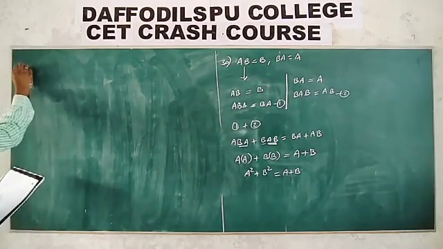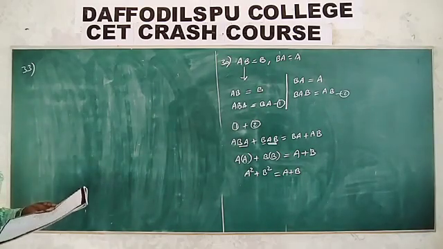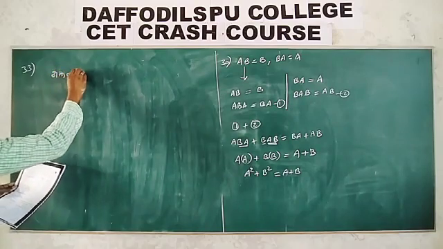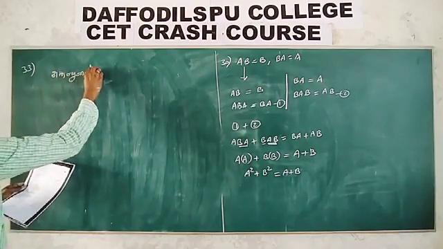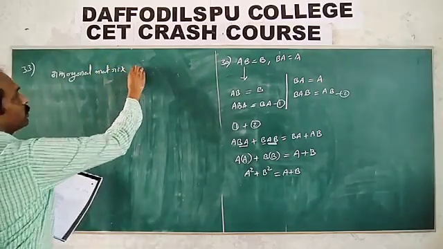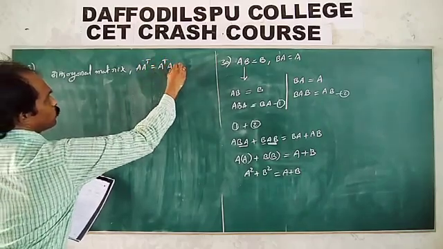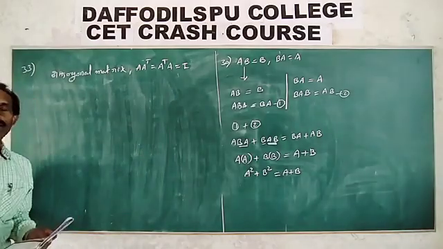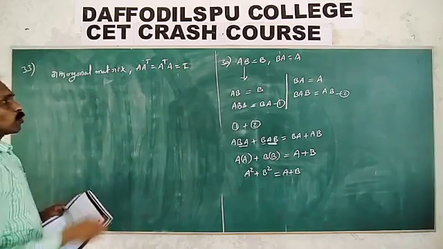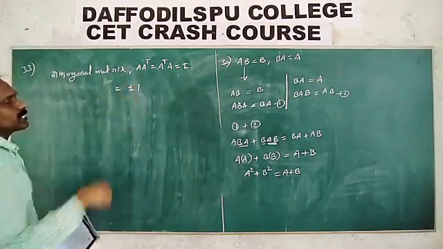Next, 33. A is an orthogonal matrix. Orthogonal matrix definition is A into A transpose is equal to A transpose into A is equal to I. By the properties of the orthogonal matrix, the determinant of an orthogonal matrix is equal to plus or minus 1.